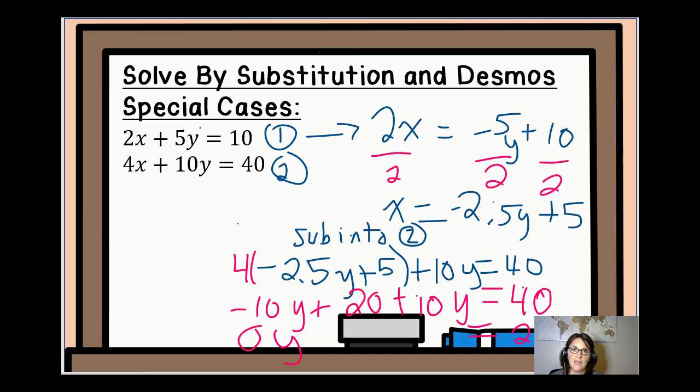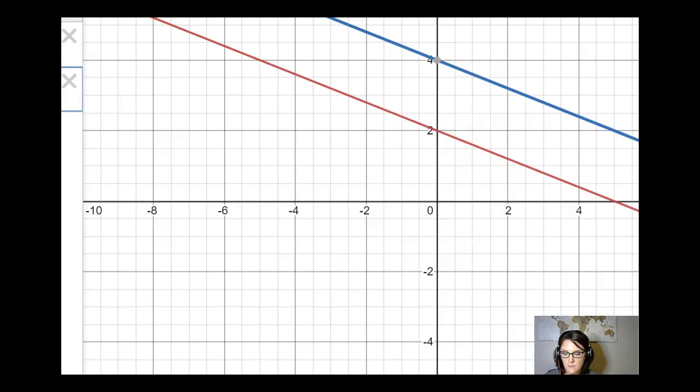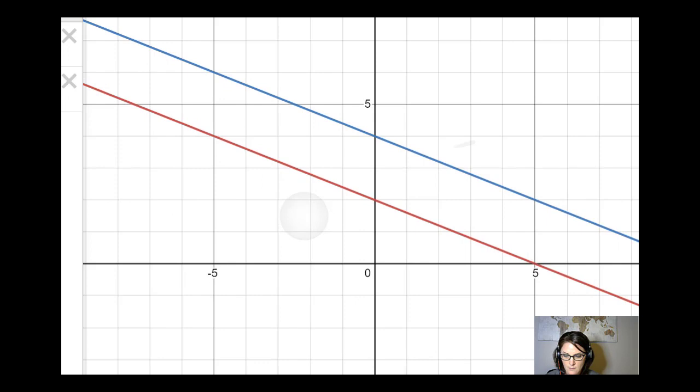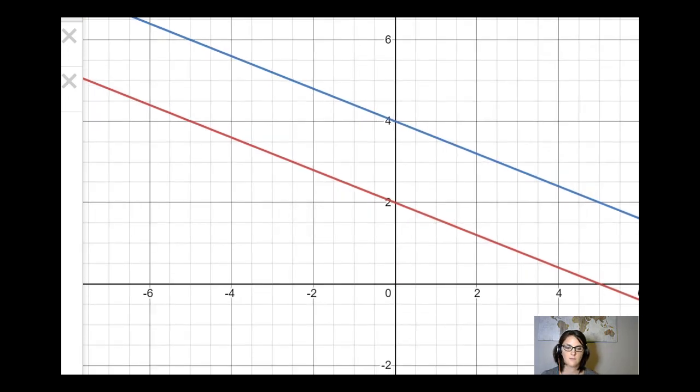If you want to take a minute and try that, go ahead. Okay, so I've entered the two equations onto Desmos, and we can see that the lines are in fact parallel. So that means there will never be a solution.